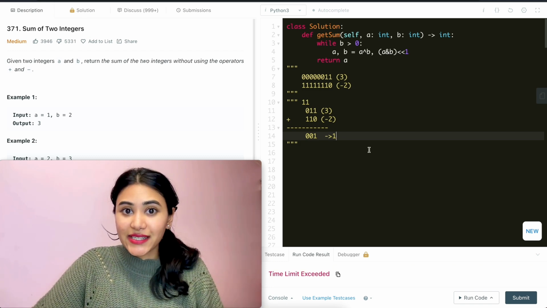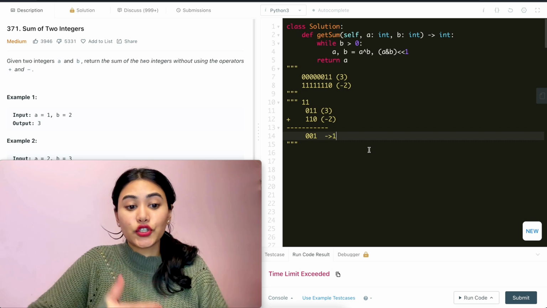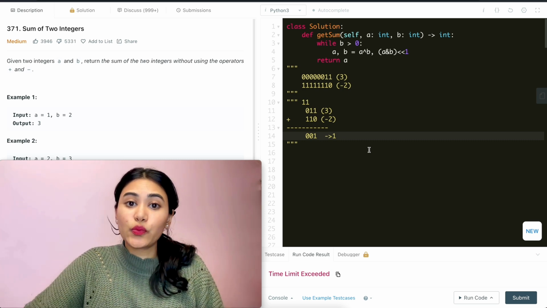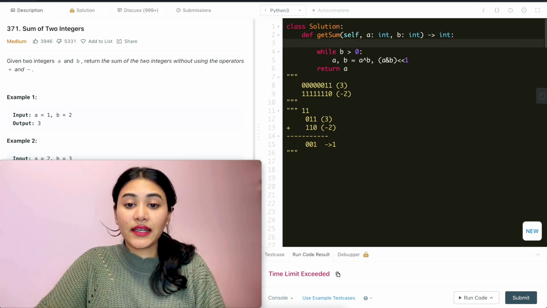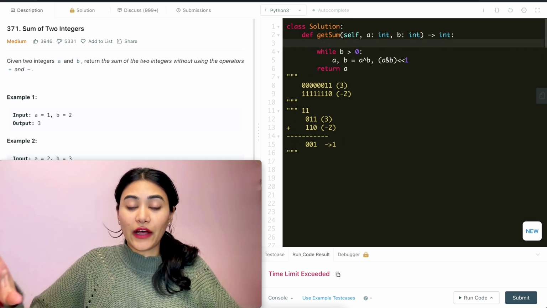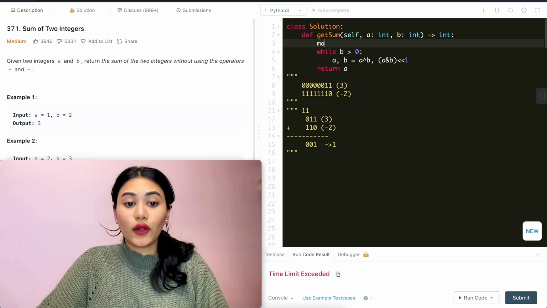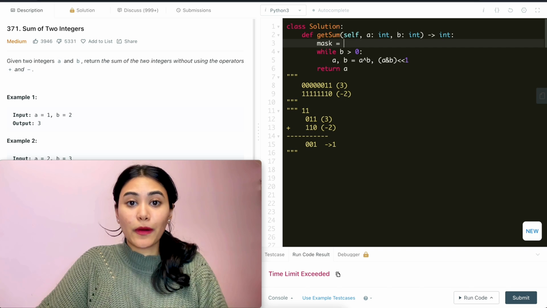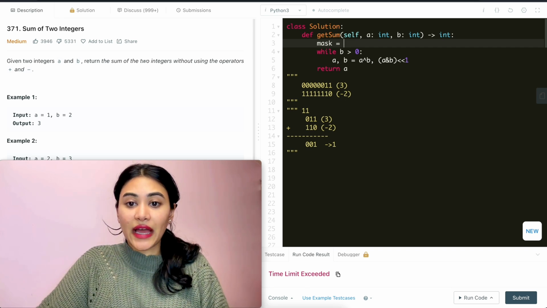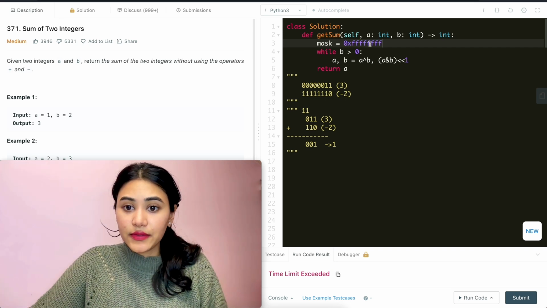So how do we fix this? We have to go ahead and truncate it ourselves, which means we're going to bound it by a 32-bit integer. I'm going to assign a 32-bit value of all 1s to a variable called mask. Now, instead of writing out 1 32 times, I'm just going to represent this in hexadecimal form. So that is going to be the following, like this.